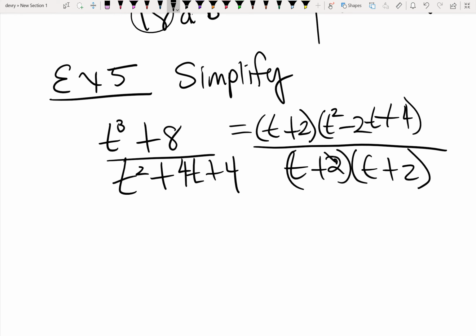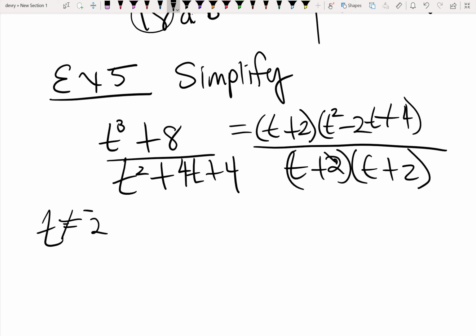Okay? Now immediately I want you to start to think the restrictions. I don't think t can ever equal negative 2. So t equal to negative 2 is not happening, because that'll make this denominator 0.